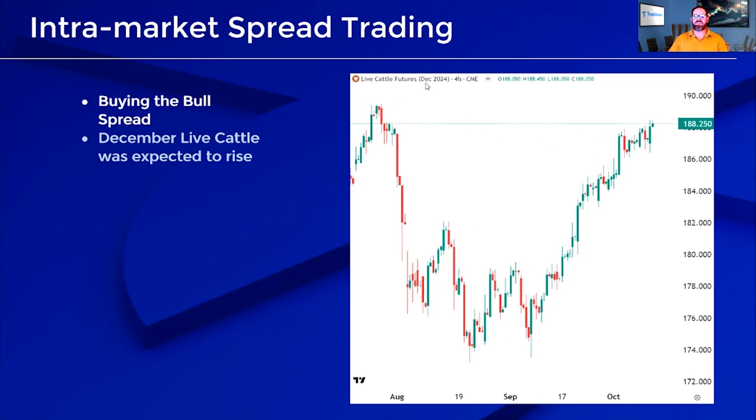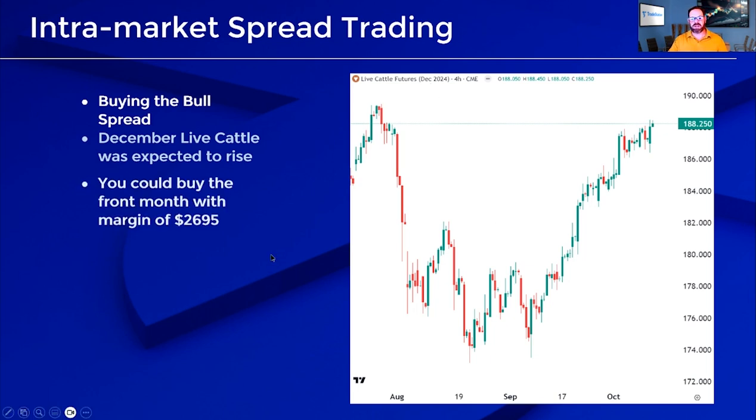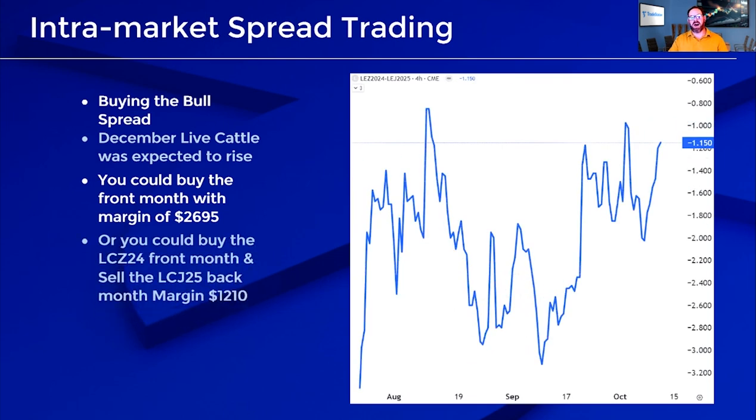On the individual contract, you can either buy the contract itself, which would use a margin of about $2,695, or you could buy that contract, the LCZ24, the December contract, and at the same time sell the back contract, which in this case would have been LCJ, the April 2025 contract. The margin is reduced to less than half. It's only $1,210. And you're still participating in an upward move in the price of the underlying security.